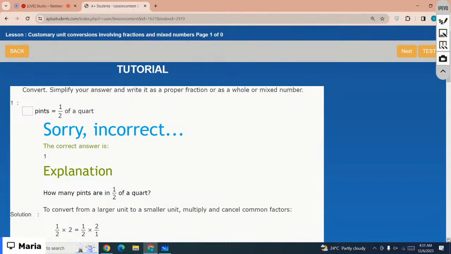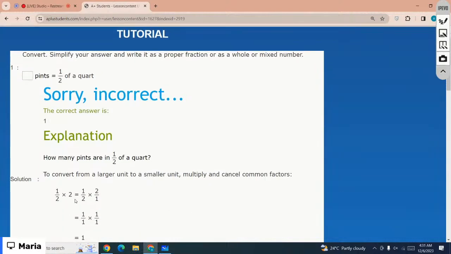You are given half of a quart, right? So you need to do half times 2, and that means 1. That means half of a quart equals 1 pint.